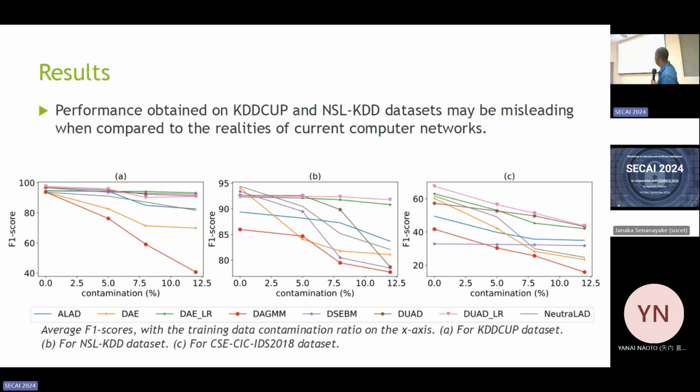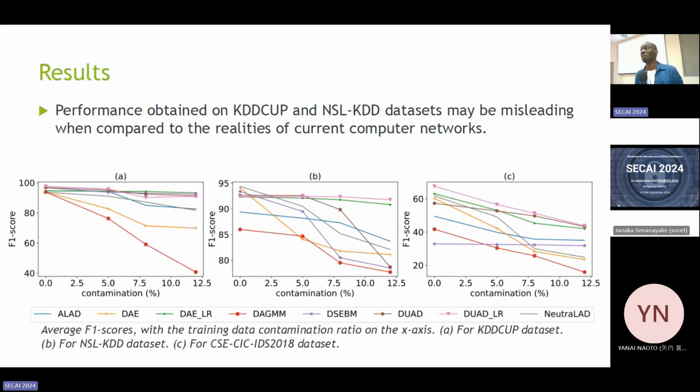But the last one here is the evaluation on the CICIDS 2018 dataset, and from there we can see that as we increase the contamination rate, the performance is dropping.